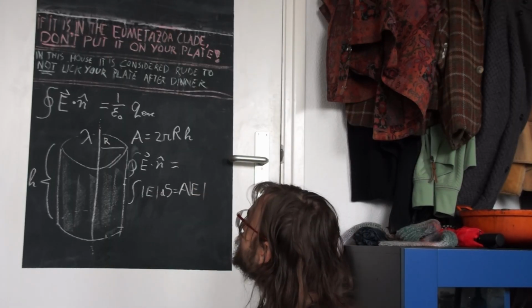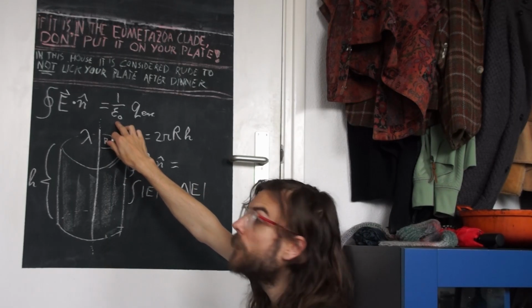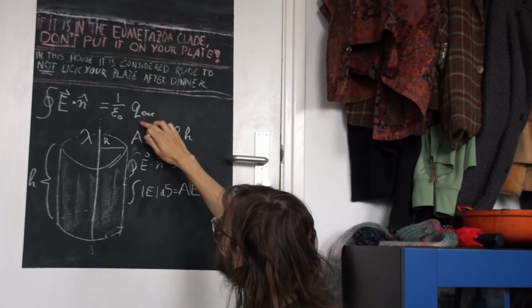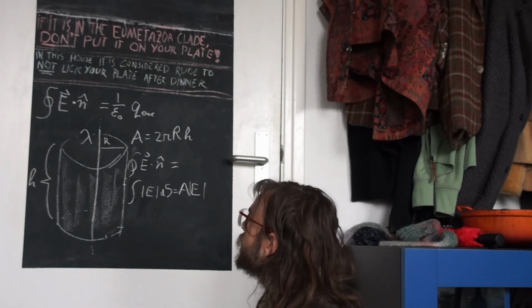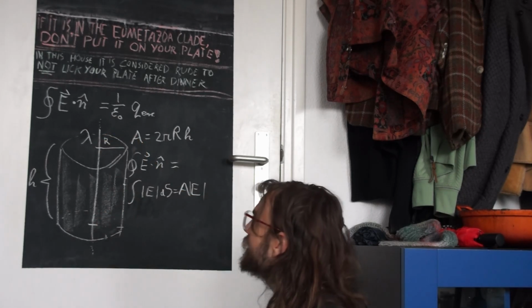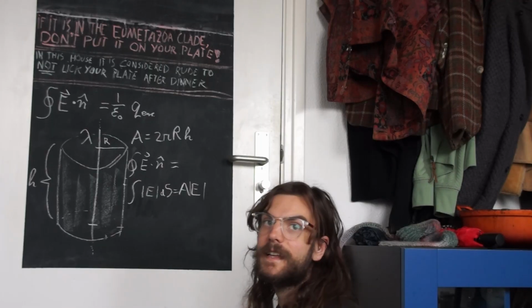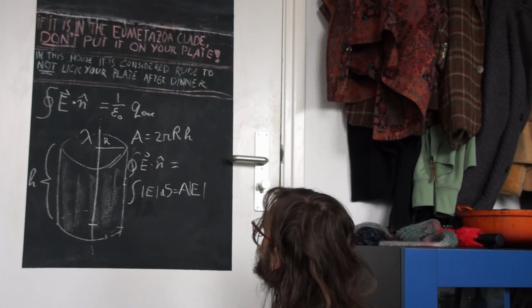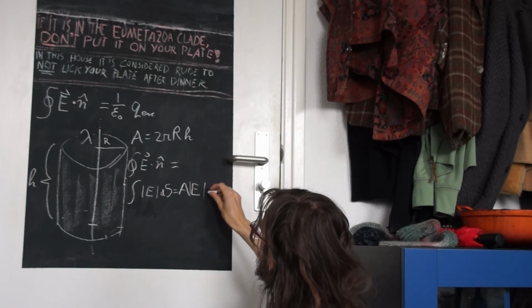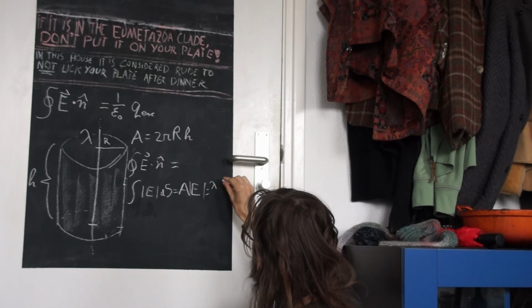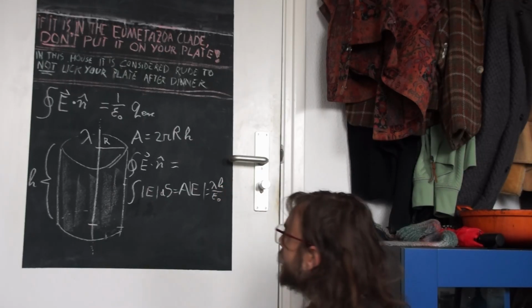Now the only thing left to do is to use Gauss's law to relate this integral with our enclosed charge. The charge that is enclosed is only the charge inside of the cylinder, and that is going to be h times lambda. So we have 2 pi r h E equals lambda h over epsilon naught.